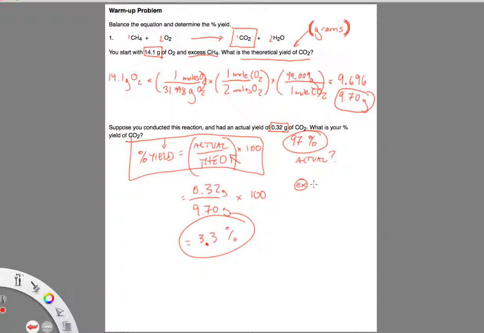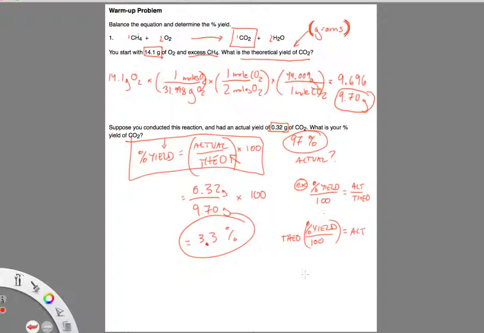I'm going to say, okay, so the percent yield divided by 100 will equal the actual over the theoretical. Then we multiply this whole thing by the theoretical, so it's going to be percent yield divided by 100 times the theoretical will equal our actual yield.